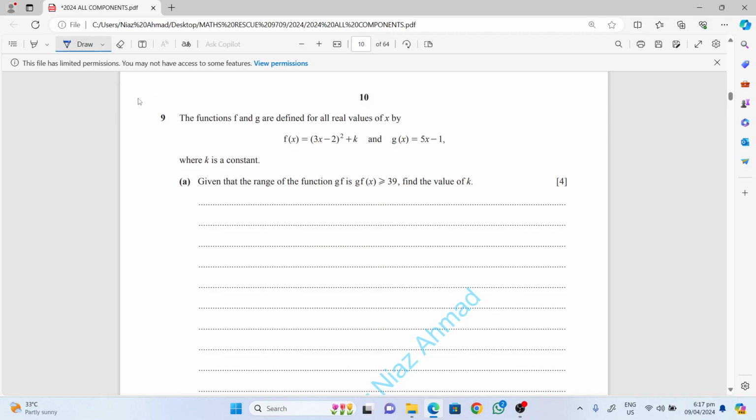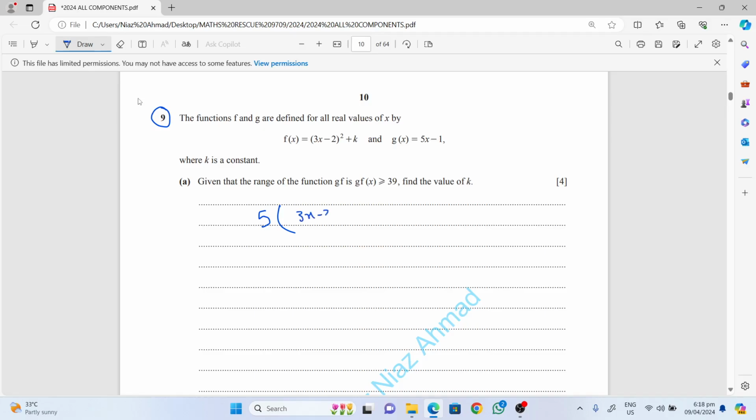Question number 9, the functions. The functions f and g are defined for all real values of x by this f of x, and this is g of x. Given that the range of the function g f of x is this, find the value of k. So you can write 5 into, but it is g f of x, so you need to put f of x into the x.